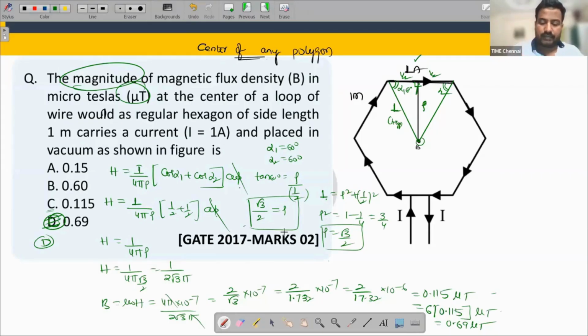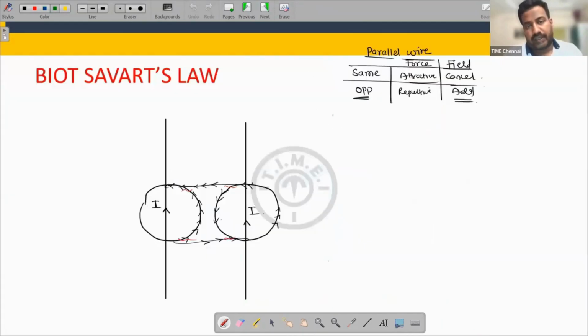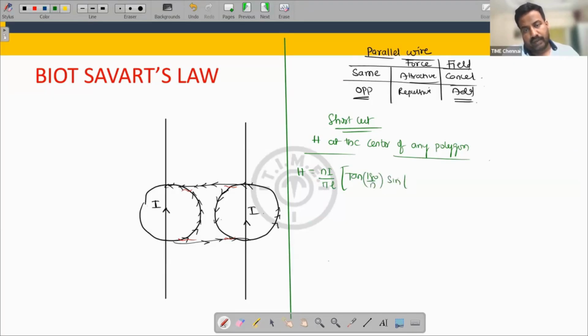Okay, there is a shortcut method for this. You can find H at the center of any polygon, given by H is equal to N i by pi L, tan 180 by N into sin 180 by N. This gives you the absolute value of H at the center of any polygon.